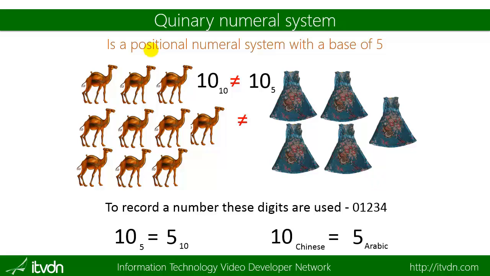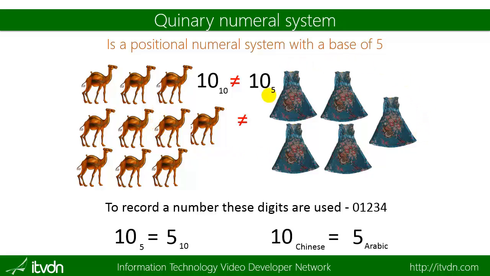In contrast, the decimal system or the Arabic system has 1, 2, 3, 4, 5, 6, 7, 8, 9, and then 10. So in those days, an Arabic guy is selling you 10 camels. He's really selling you 10 camels in the decimal sense.